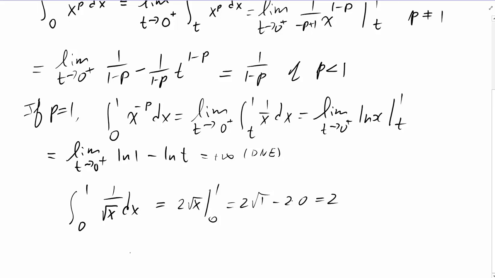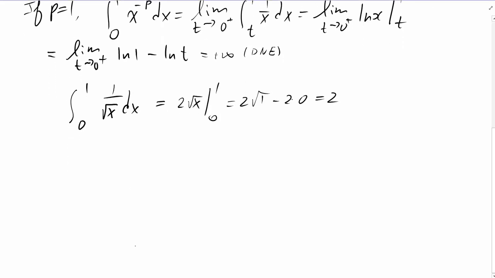There is another catch about this type of improper integral. If we have an infinite discontinuity within the interval, not at the upper or lower limit, we need to be very, very careful.